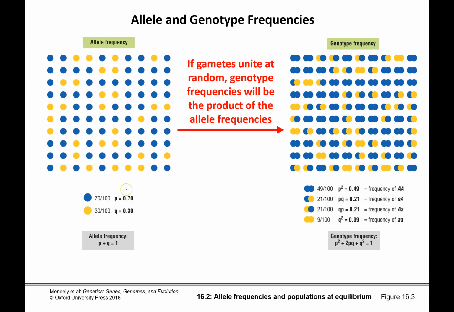If you have a population where 70% of the alleles are blue and 30% are yellow, and you allow those individuals to mate and for random fertilization to occur, you end up with this distribution of genotypes, and represented within it are our different phenotypes.